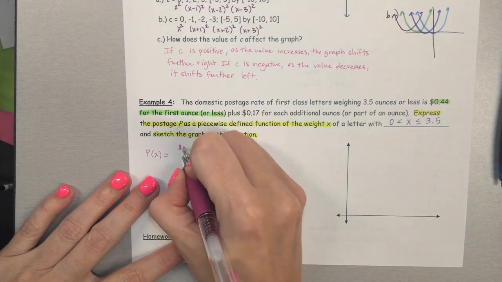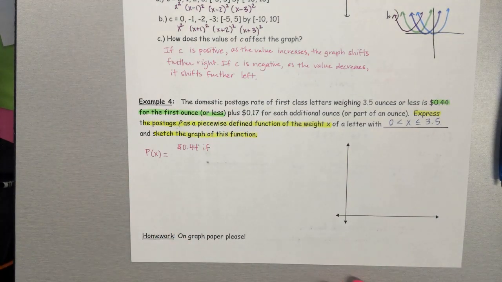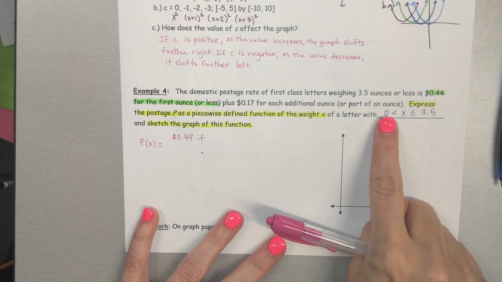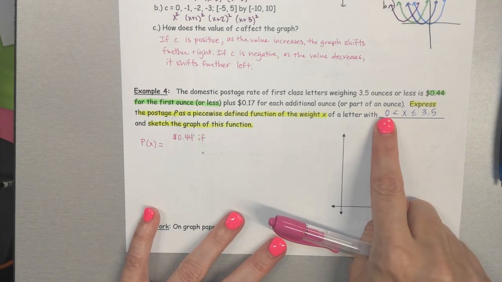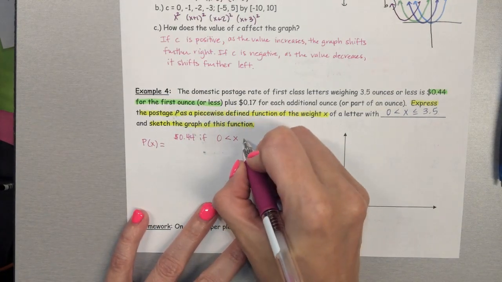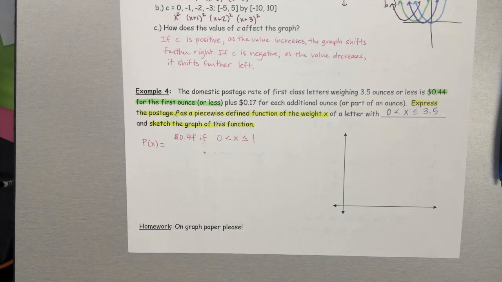So it would be 44 cents if, so it has to be less than 1, but remember with these real world problems, you also have to make sure it fits in a real world concept. They also tell you here that you're going to start with 0. So it's if 0 < X ≤ 1. That's going to be the first ounce.